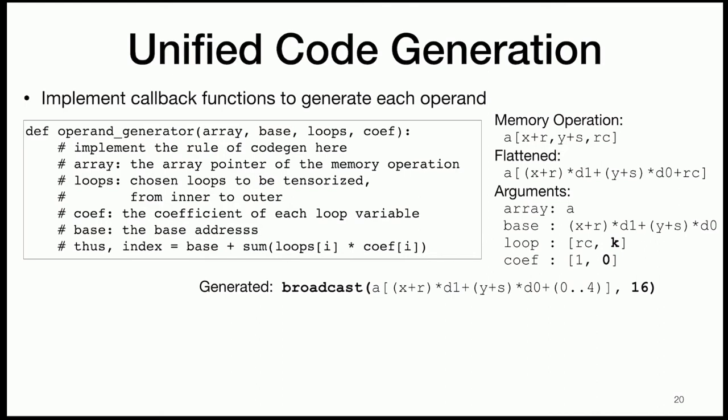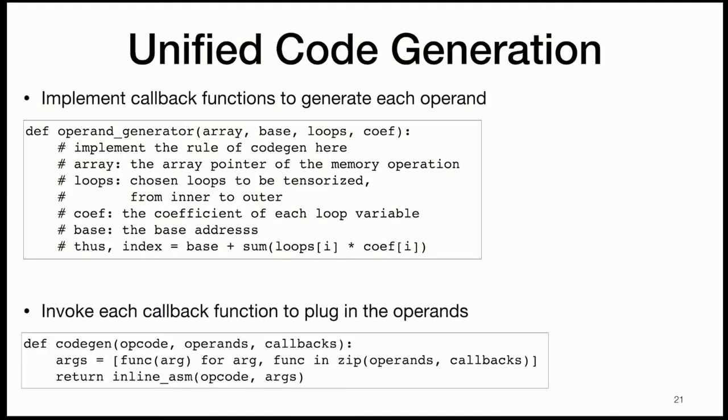So the value should be broadcasted along K. This IR expression returned by this callback function will be embedded in the imperative IR and lowered to AVX512 vector load intrinsics during code generation. Similarly, other operands can be generated in this way too. Finally, in the code generation phase, the compiler driver invokes each callback function to prepare each operand and plug them in the tensorized instruction.